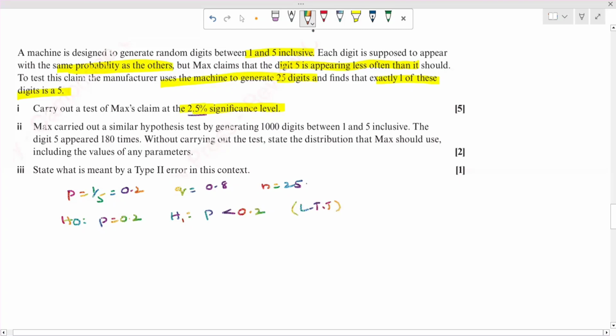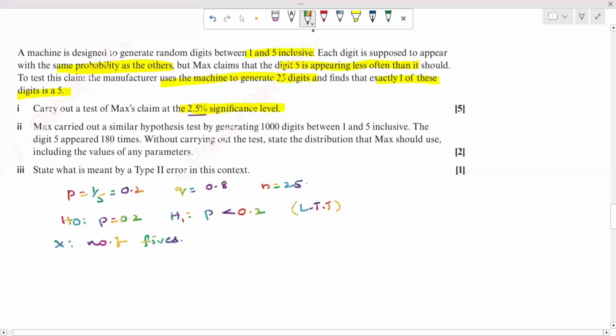Okay now, we have to carry out the test. So actually X is a random variable, X is nothing but the number of fives.